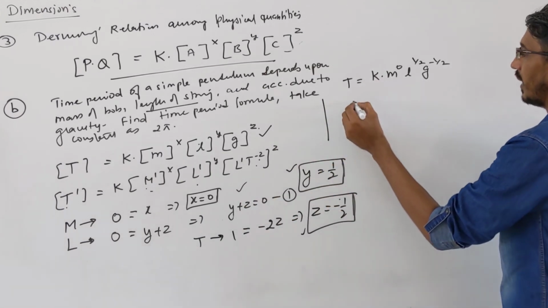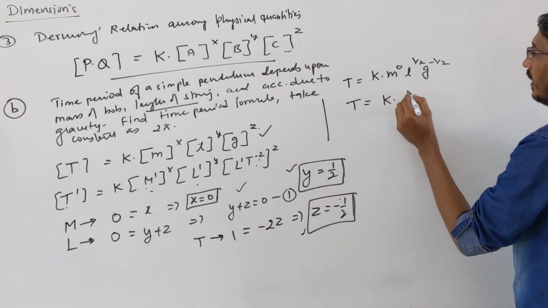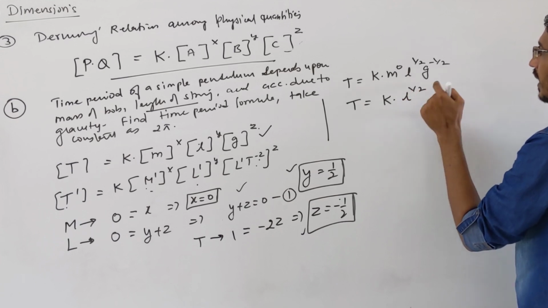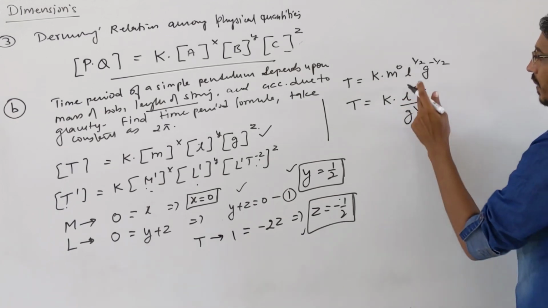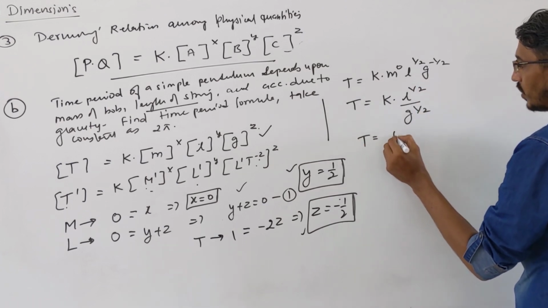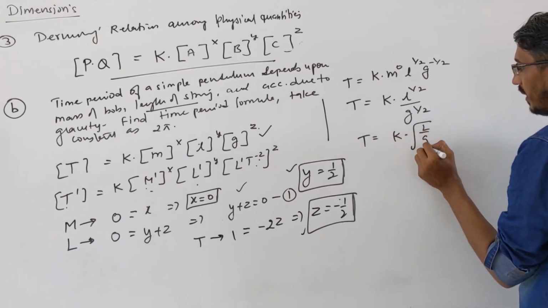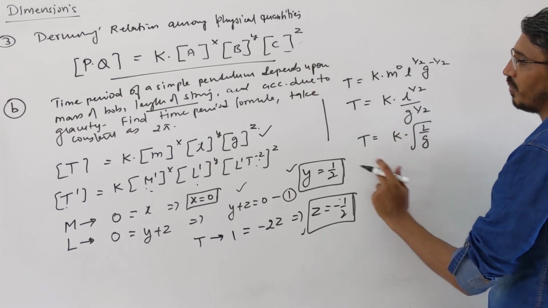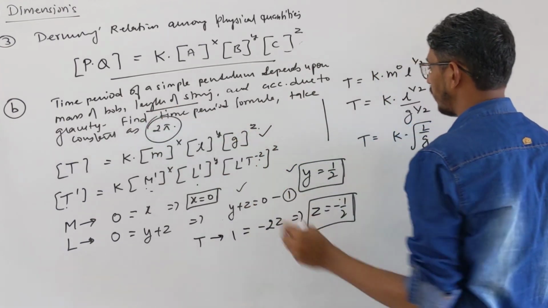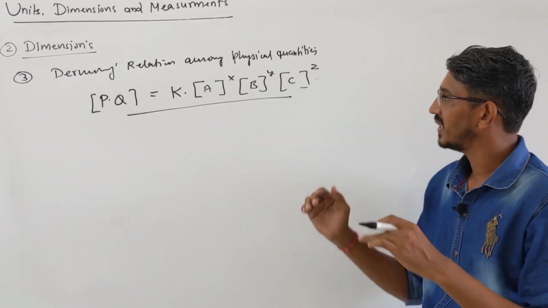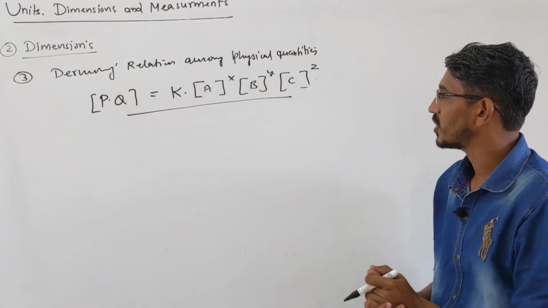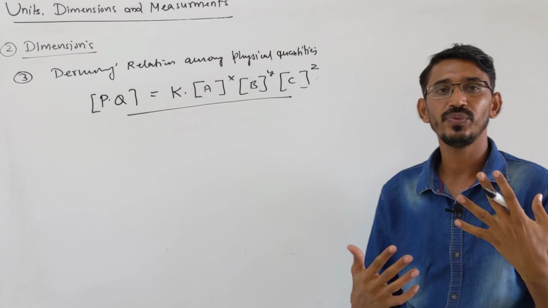It got eliminated. L power plus half, G I can send down, so I can write plus half there, since a negative power moves it down, and power half is simply root. So K into root L by G. Now this constant K is also given to you as 2 pi, so you can put 2 pi. So we have done the third part, which is the application of dimensional analysis, finding formulas or deriving the relations.